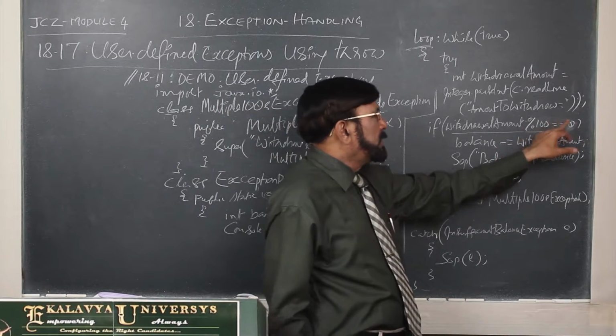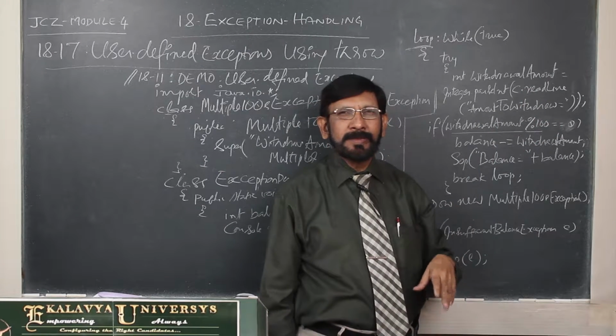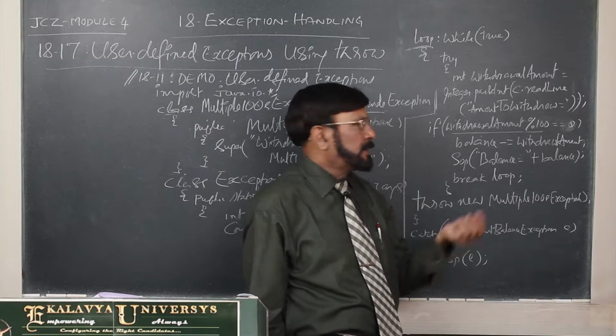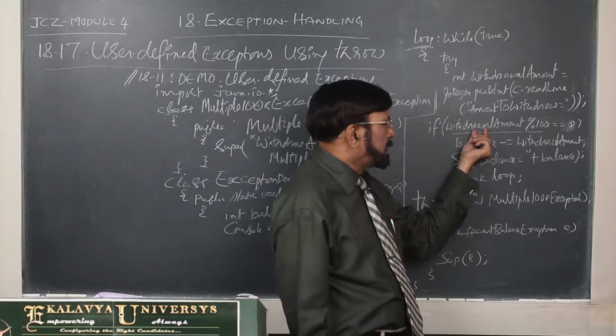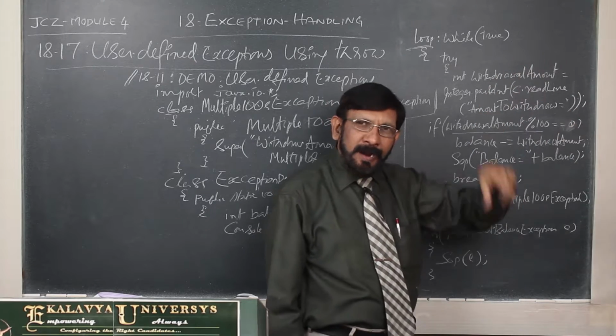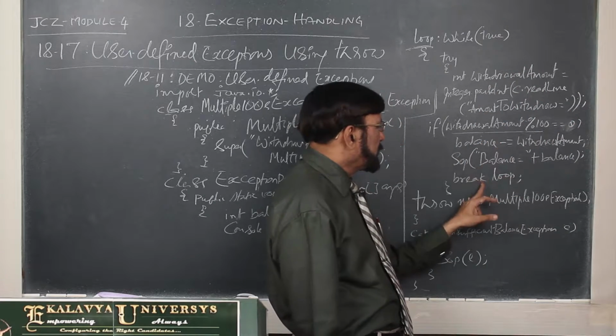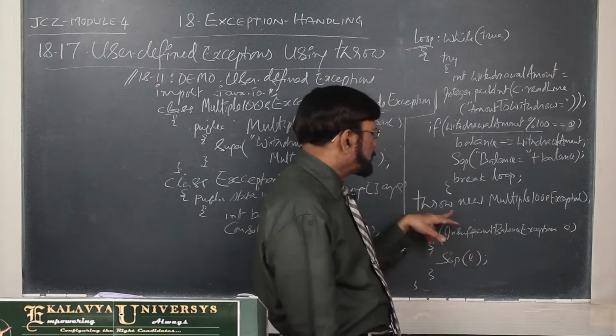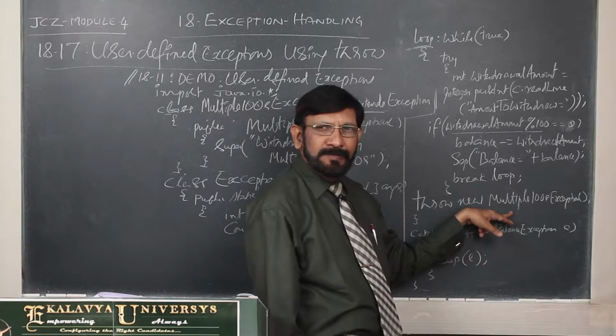Modulus 100 is equal to 0. That is, suppose you would like to draw 5,500. 5,500 modulus 100 is 0. If it is so, this is executed. If it is not so, the exception is thrown.